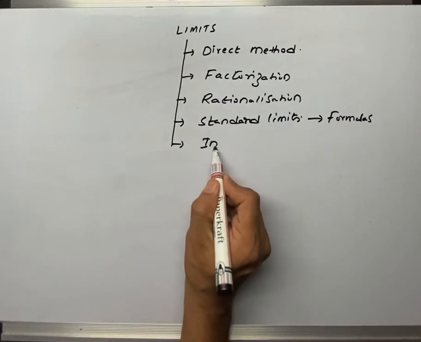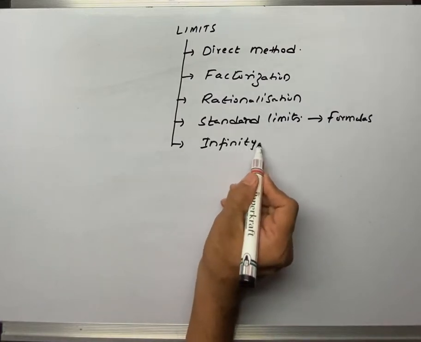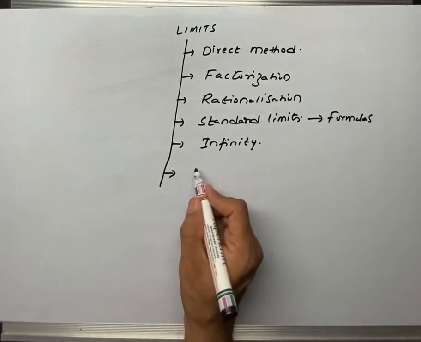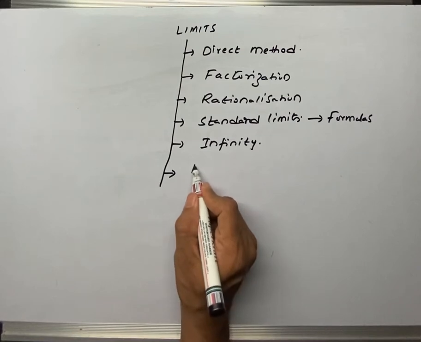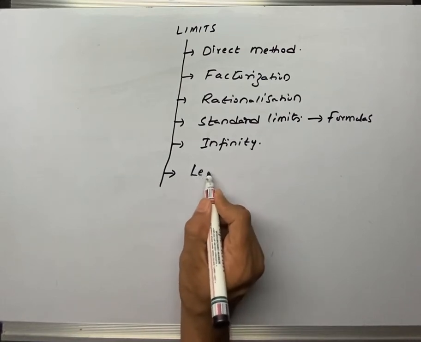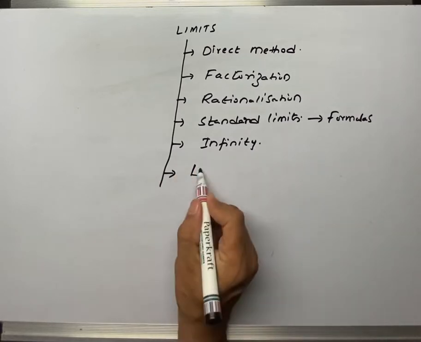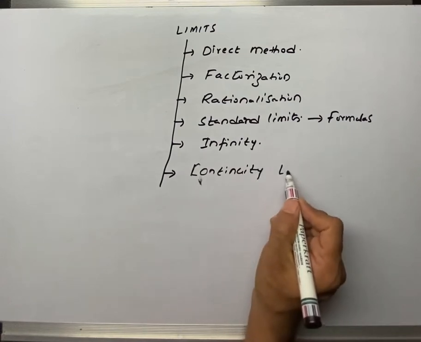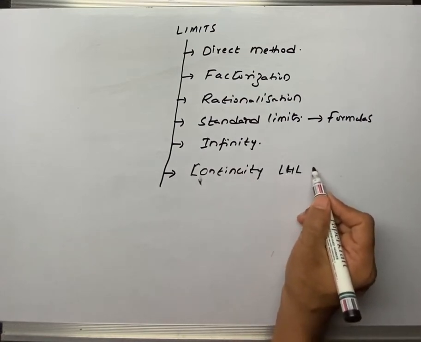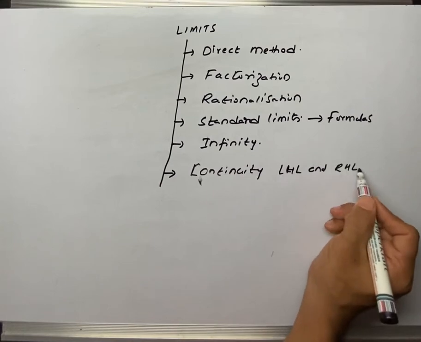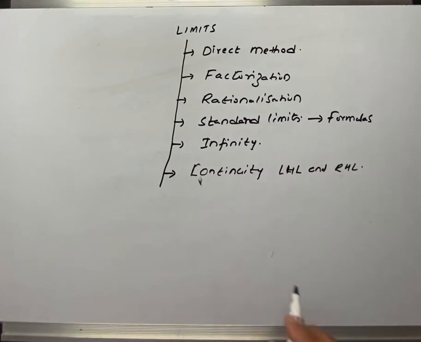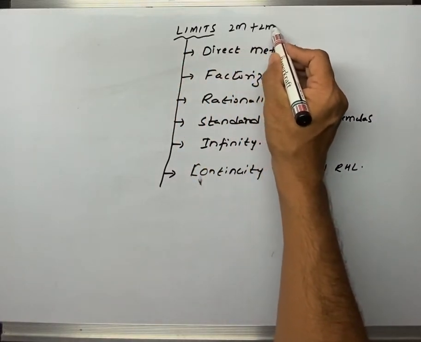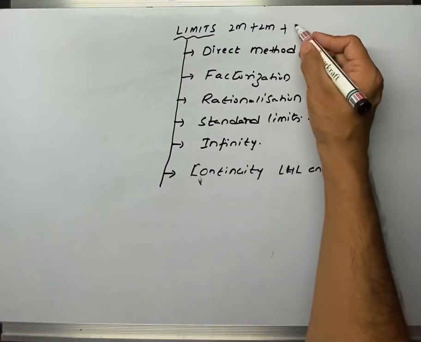After that, problems based on infinity. Then continuity, left hand limit and right hand limit. These are the things we need to cover in this unit. You have weightage of 2 marks, 2 marks and 4 marks.